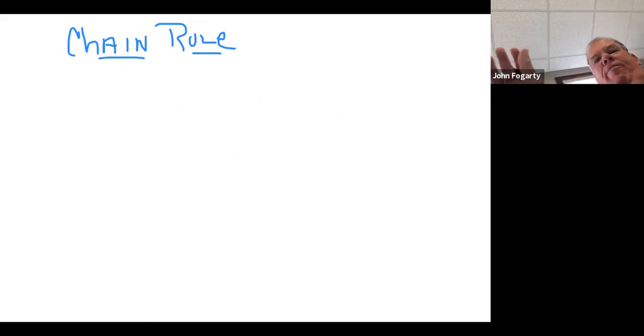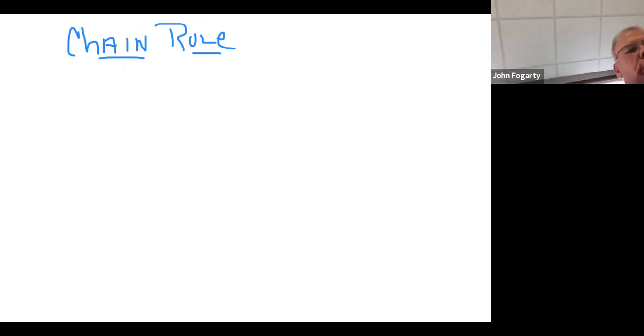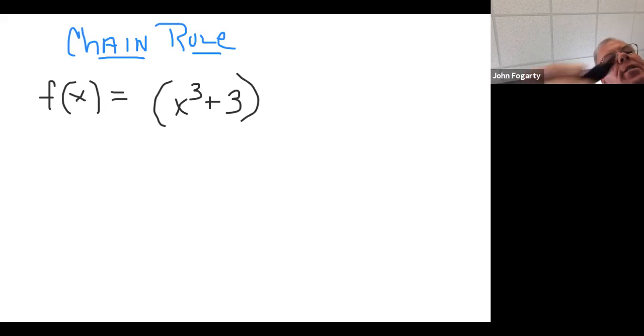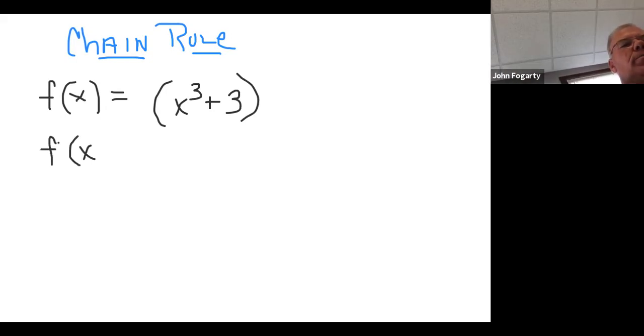It's easier for me to show you how to do this by actually doing a couple of pretty easy examples. So try to bear with me and hang on for a couple of seconds. Write this down. f of x equals x cubed plus 3. If I said to you, what's f prime of x?